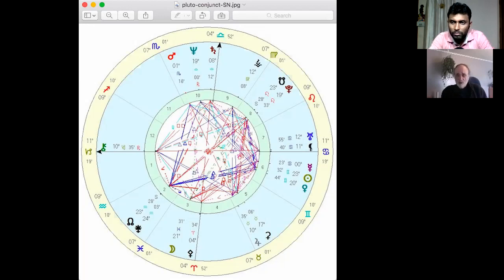Okay. The second one is that the person is in a fruition state, which means that they have mastered the lesson of Pluto conjunct the south node. And they are now getting to enjoy or fulfill that intention, or in more than a few cases, they're actually asked to serve with what they have learned.